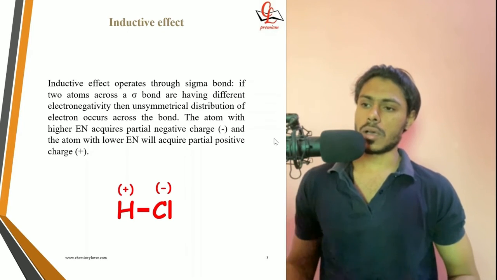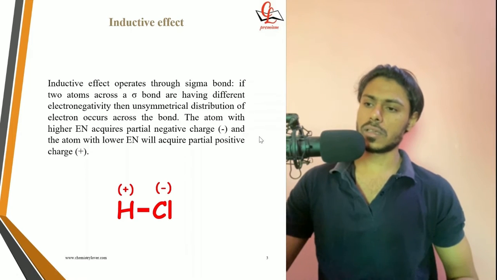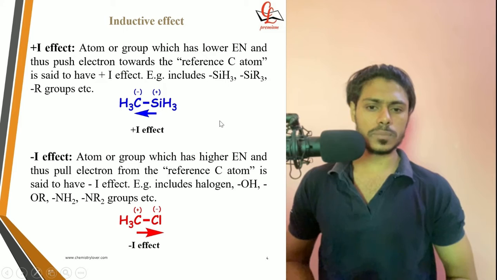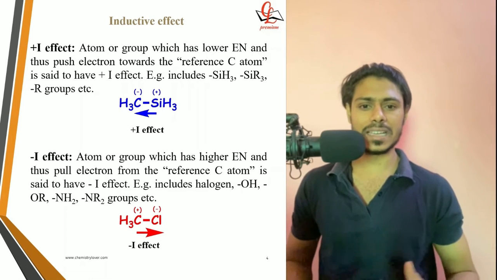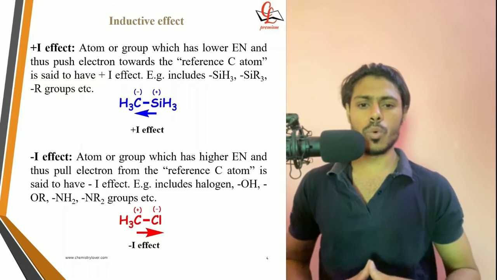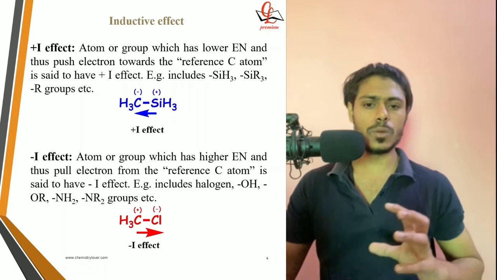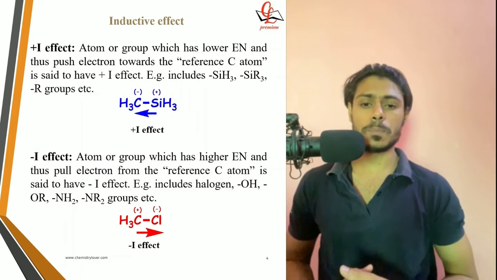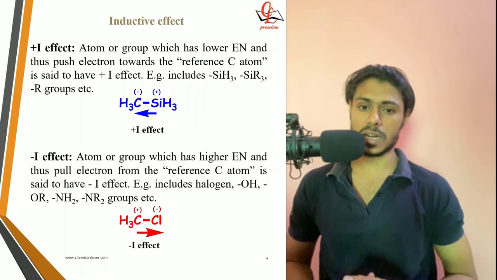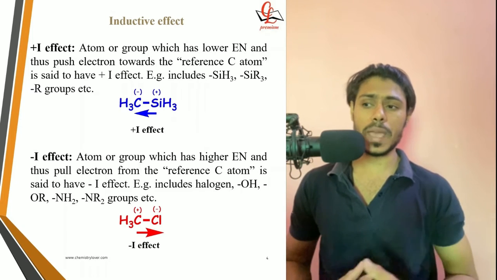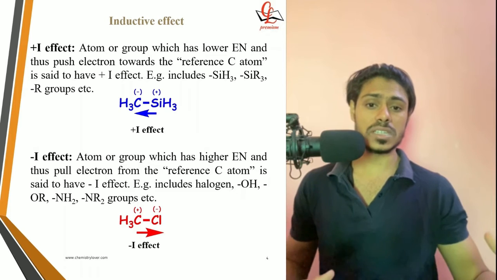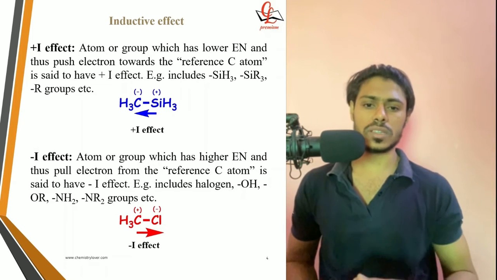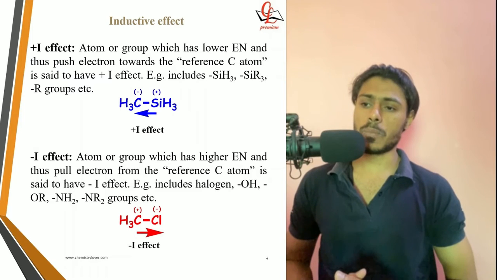So groups like silicon, any silicon-based group or alkyl group, are less electronegative than carbon, so they will push electrons towards the reference carbon atom, and we call it plus I effect or positive inductive effect. In this case the carbon atom acquires a partial negative charge because it is gaining electrons, and the atom which is pushing the electrons acquires a partial positive charge.